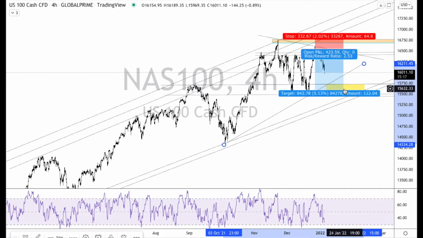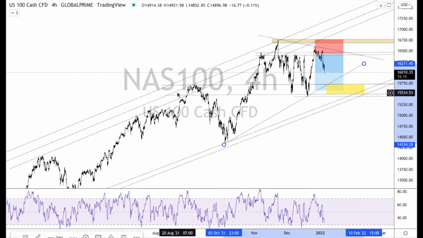Obviously this zone is still good, and this is where the price action level was. We had a little block in this area, but as you can see, I've just drawn two little horizontal lines along this zone right here.